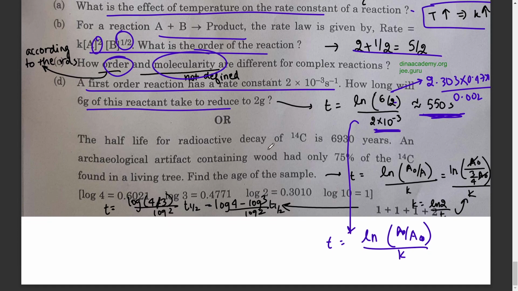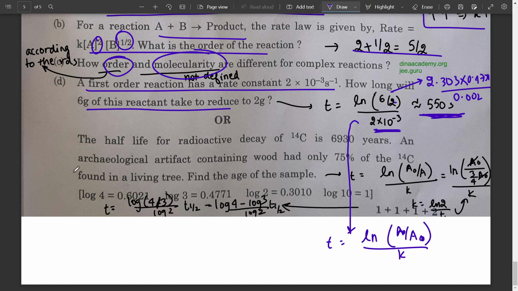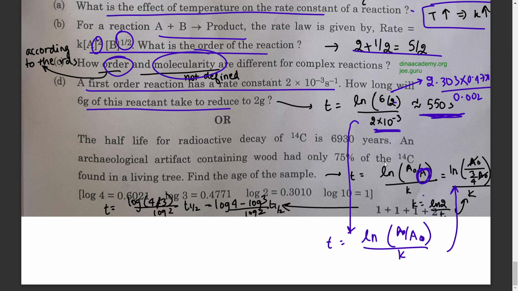Half-life of radioactive decay of carbon-14 is this. An archaeological artifact containing wood had only 75% of this 14C found in a living tree. Find the age of the sample. So again, the same thing. And A in this case, the concentration or the mass, whatever you want to use, is 3/4 of what it should have been. And K right here can be written as natural log of 2 divided by the half-life.